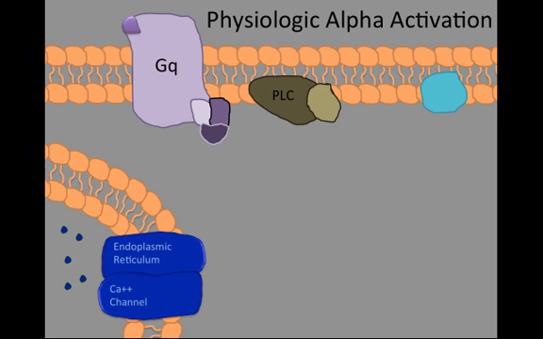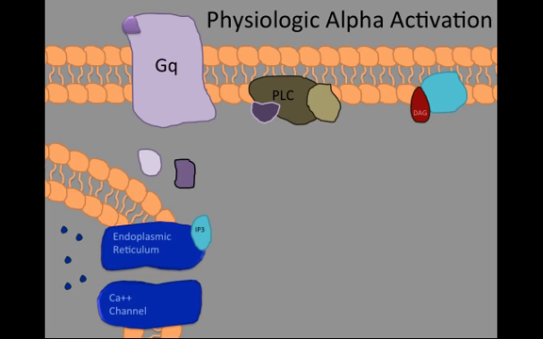The alpha subunit dissociates from the beta and gamma subunits and activates phospholipase C. Phospholipase C is an enzyme that cleaves a membrane phospholipid into two molecules, inositol 1,4,5-triphosphate, or IP3, and diacylglycerol, or DAG. IP3 acts on the endoplasmic reticulum and causes the release of stored calcium into the intracellular space. DAG activates protein kinase C, which phosphorylates many intracellular processes.